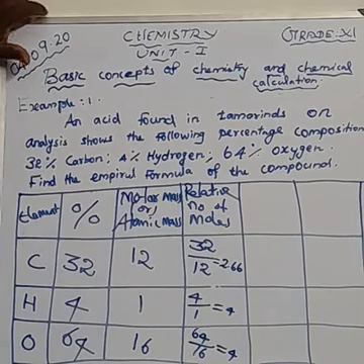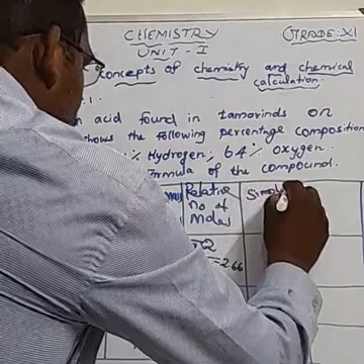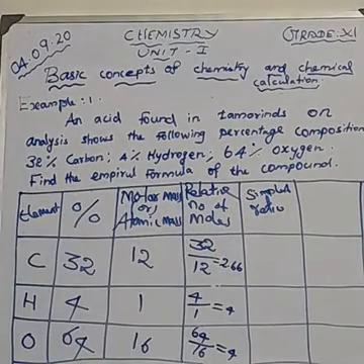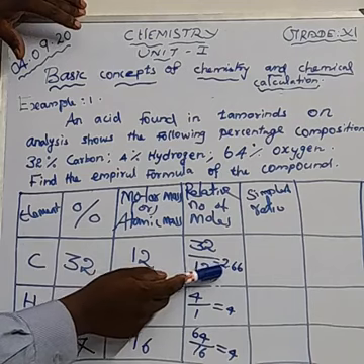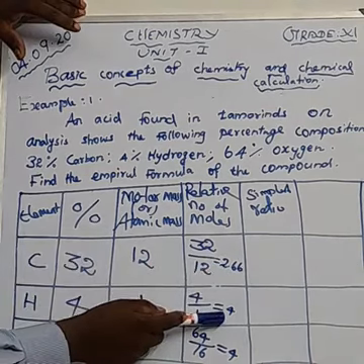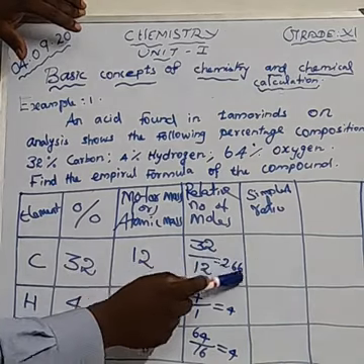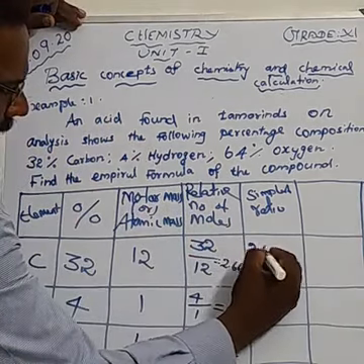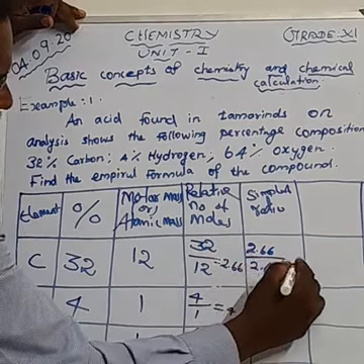The next one is the simple ratio. How will you find the simplest ratio? Here, which one is the least value? For example, 2.66 here, the second one 4, the third one also 4. So for the first one, this value is divided by the least value, which is 2.66. 2.66 divided by 2.66 is equal to 1.